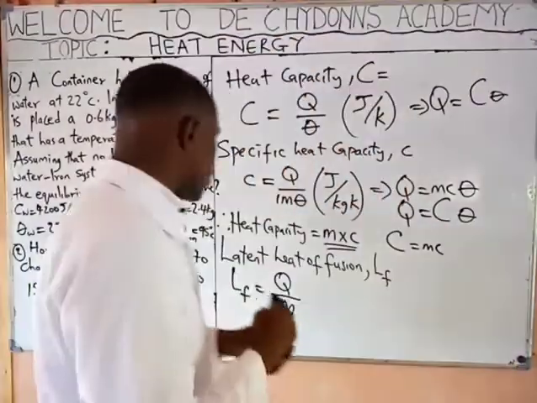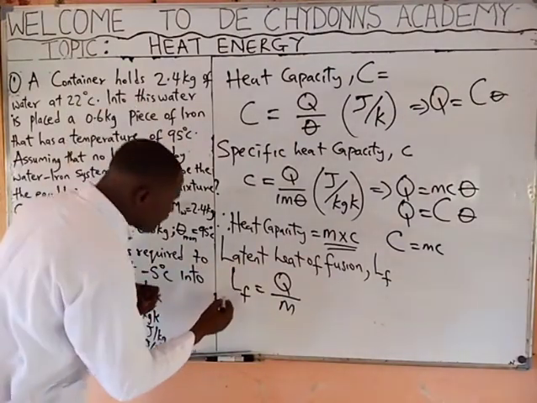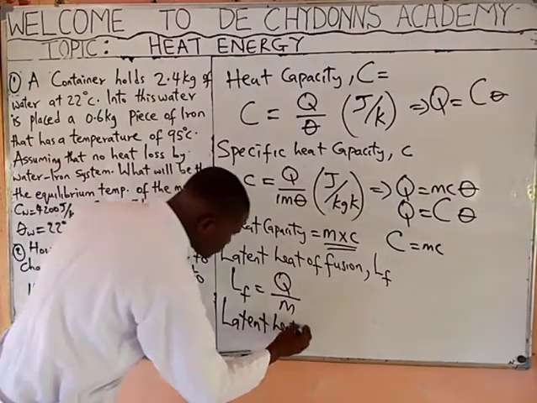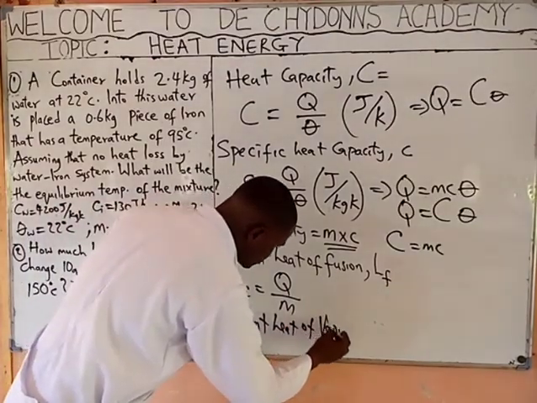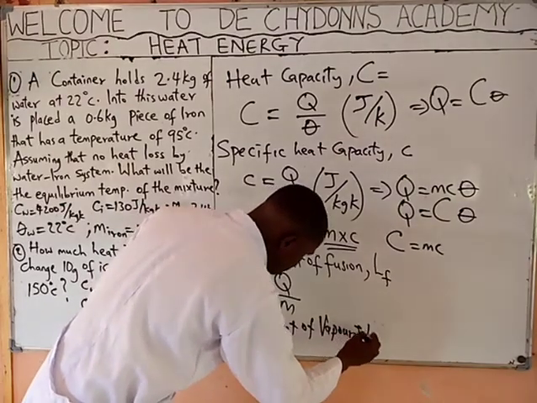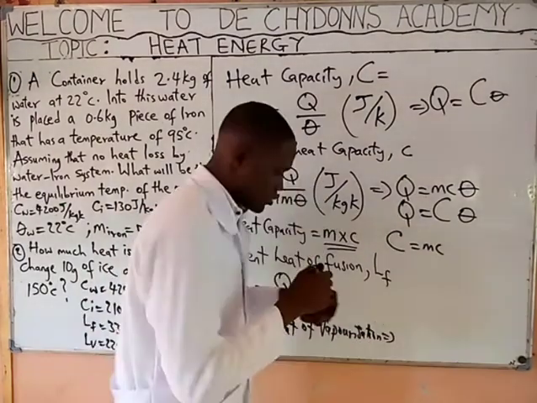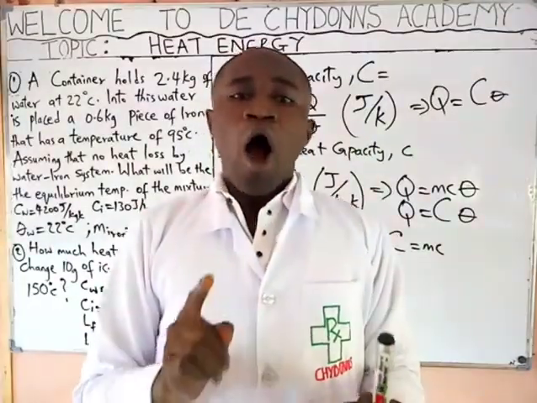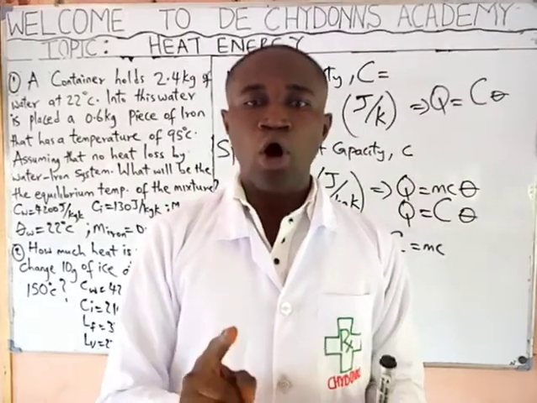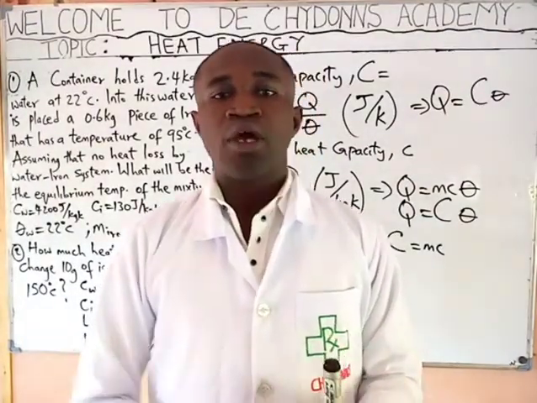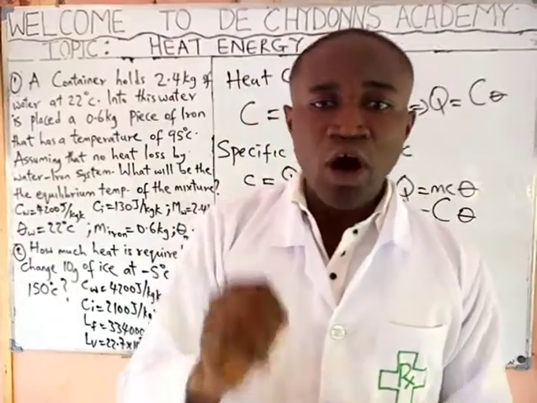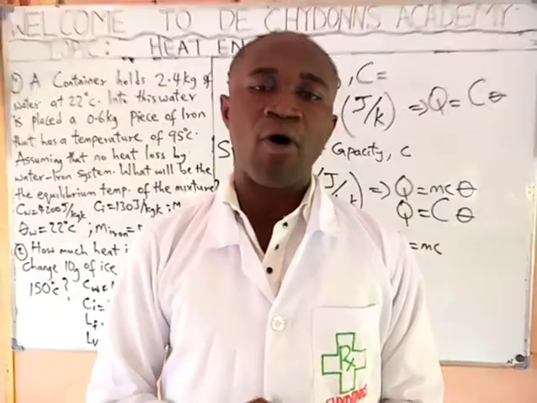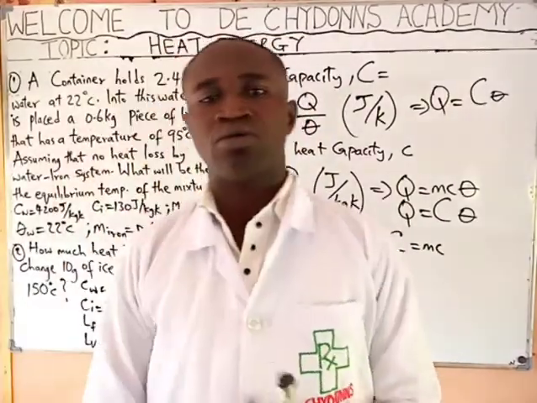Then we go to the next one that says latent heat of vaporization. This is the quantity of heat required to convert 1 kilogram of a liquid substance to gas or vapor at constant temperature.